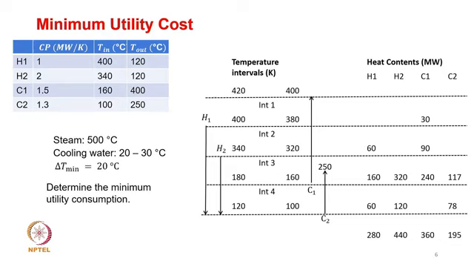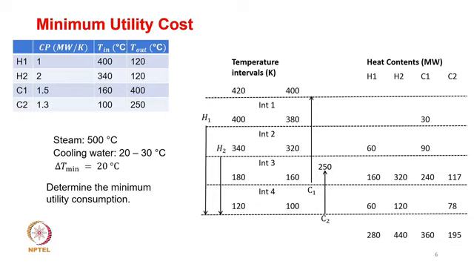So now let's look at the diagram. This also we have learned before. We have partitioned it into temperature intervals as we see over here, and you can see that it would eventually result in 4 intervals.